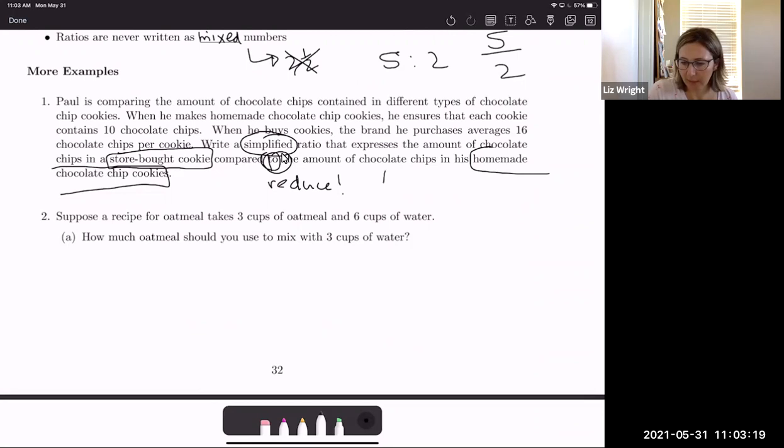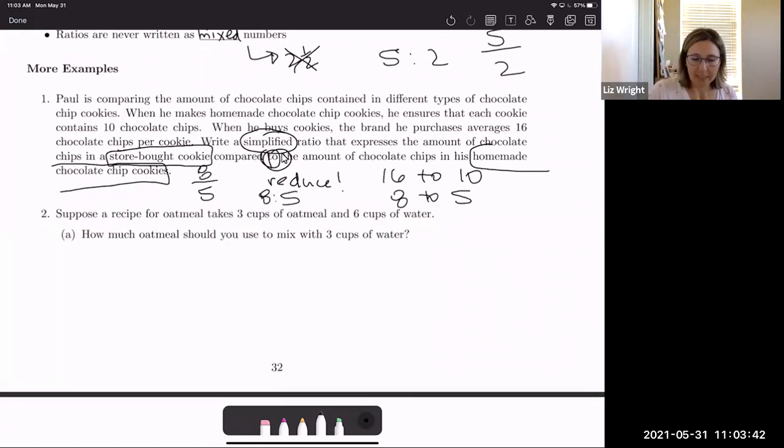Yes, so 16 to 10. And then if we're simplifying it, it would be 8 to 5. Any of those forms would be appropriate for you to use.